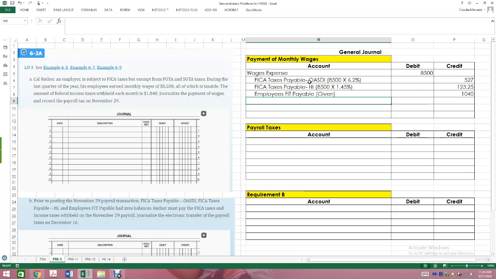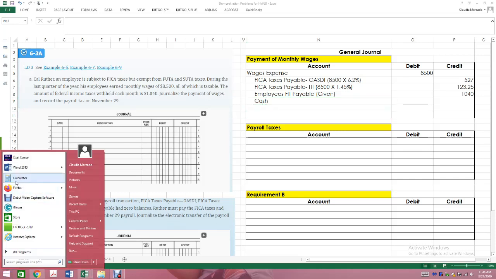If the information is not provided, then we will always have OASDI, HI, and federal income tax. Those will be there every single time. Then depending on the employee, they can have additional deductions. No additional deductions were provided, so this is all we're going to deduct, what we're required to: OASDI, HI, and federal income tax.